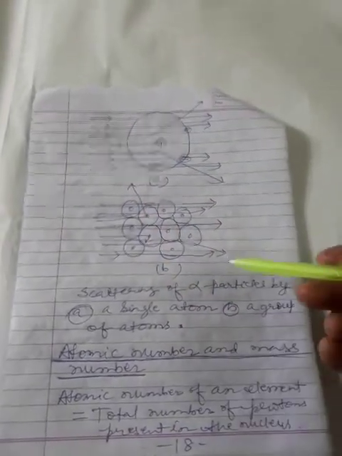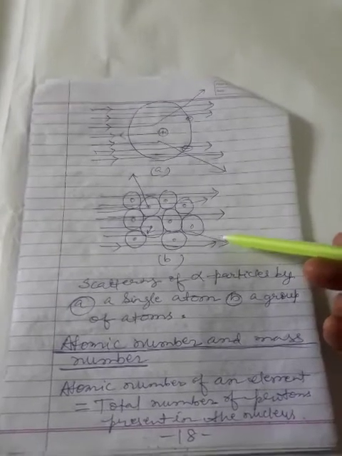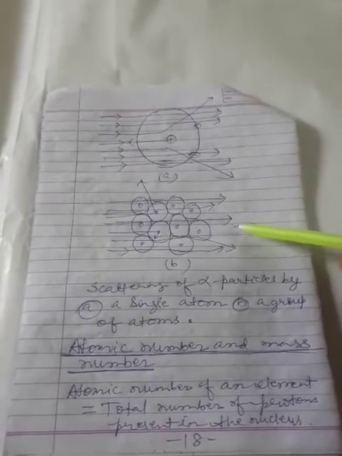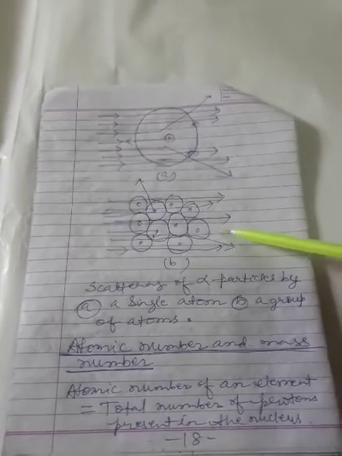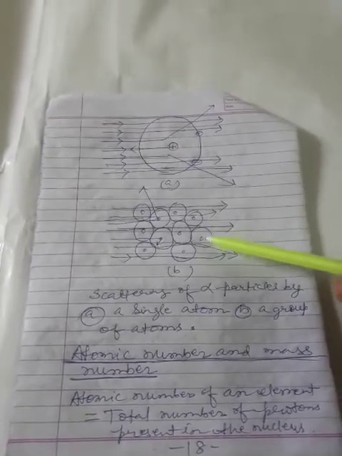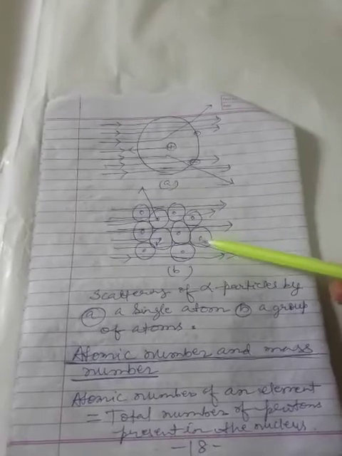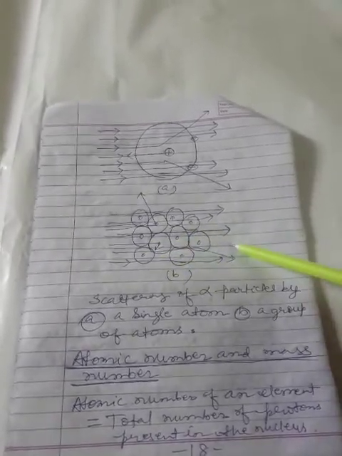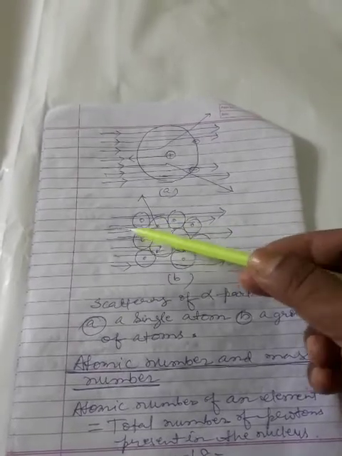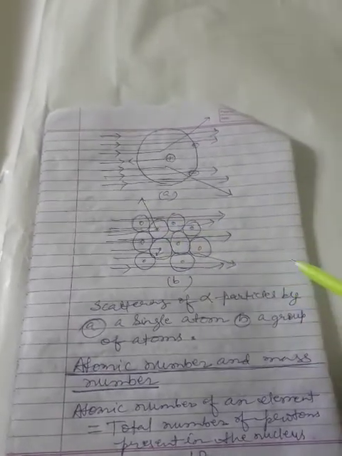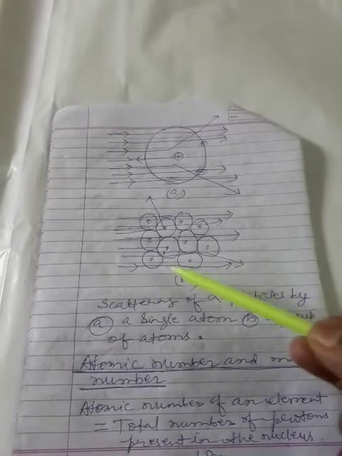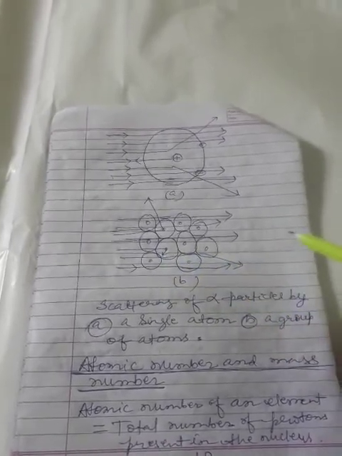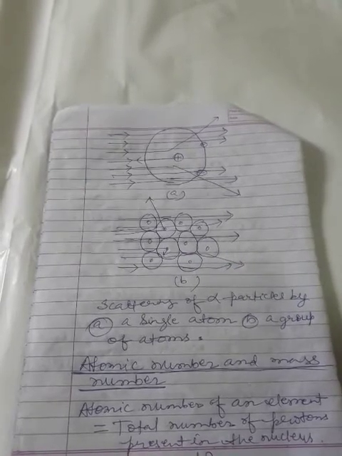In the second case, scattering by a group of atoms, we can see that most of the alpha particles pass in a straight line without any deviation, some deviate at some angle, and very few, 1 out of 20,000, bounce back, that means return in the same direction.